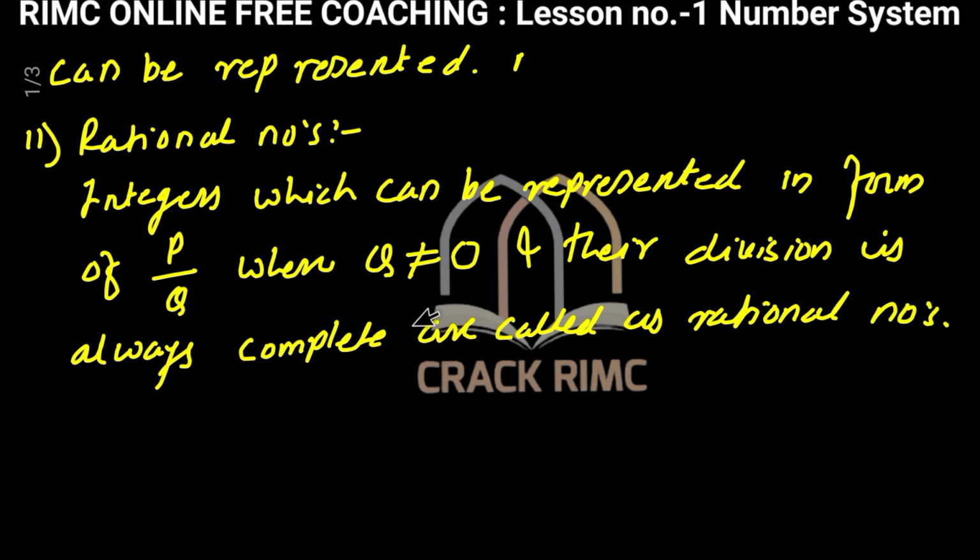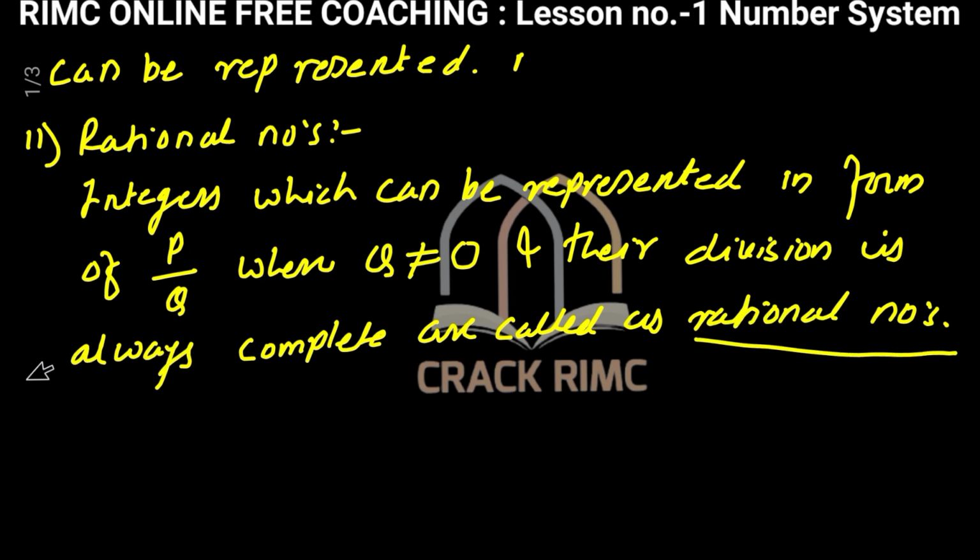Is it clear that any number we can represent in the form of P upon Q, where Q is not equal to 0 and their division is always complete, are called as rational numbers.